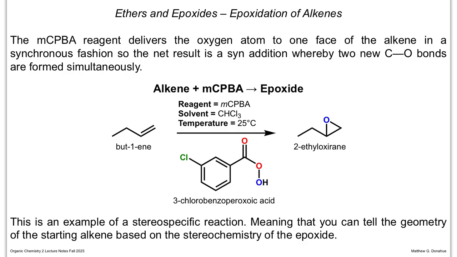As I said, when we saw the ethers that were constrained in rings, the epoxide or three-membered ring ether is pretty special because there's a lot of strain in that ring.